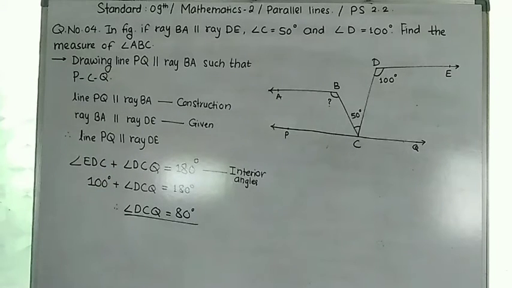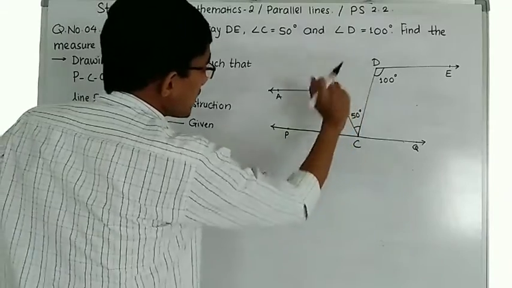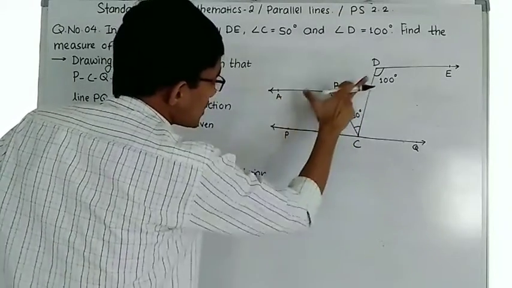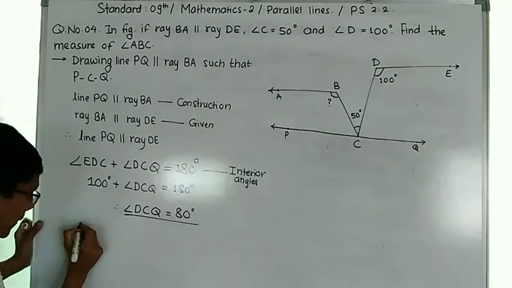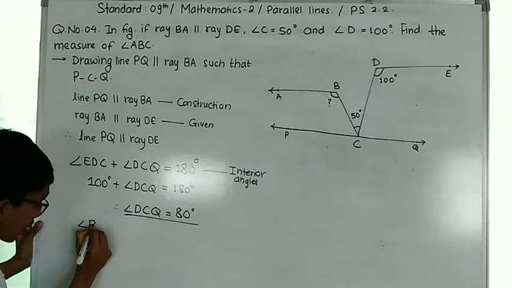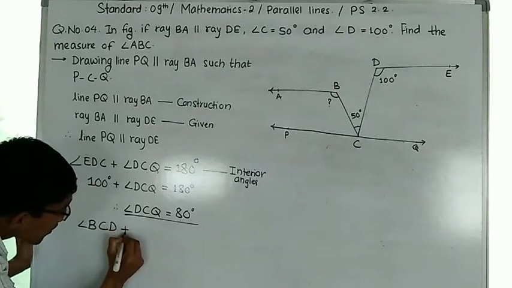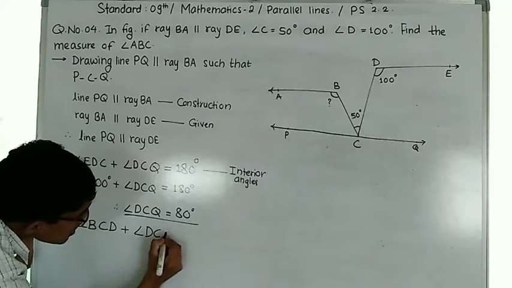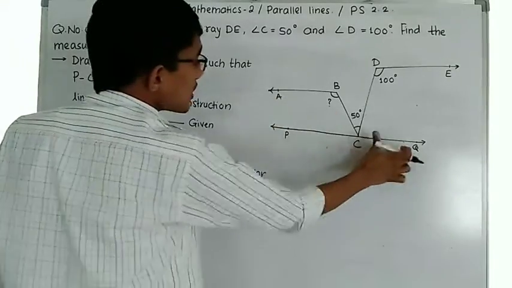Now angle BCD plus angle DCQ is equal to angle BCQ.